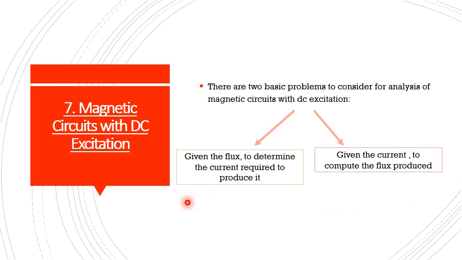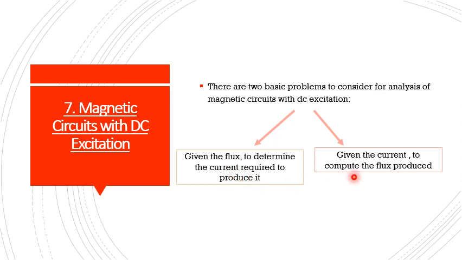Okay, magnetic circuit with DC excitation. Basically there are two basic problems to consider for analysis of a magnetic circuit with DC excitation. The first one is when the flux is given, so we have to determine the current required to produce it.